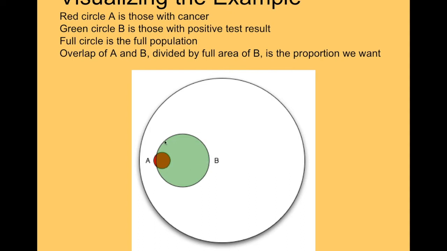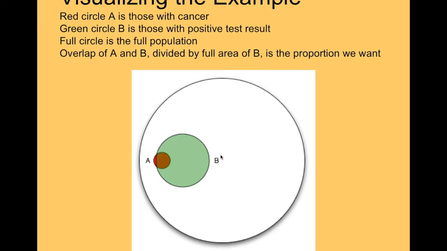And this green circle B is the people who test positive but don't have cancer, the green part minus this doubly shaded part. So I said 99 people will test positive even though they don't have cancer. So what we want to know when we test positive is what's the ratio of the true positives versus all of the positives.